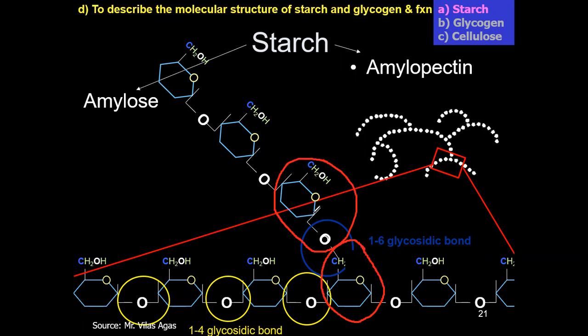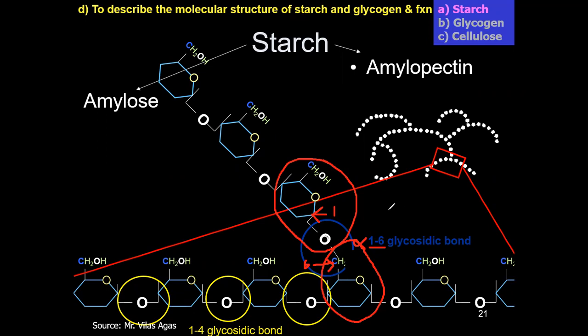So this one here is carbon number 1. And this one here is carbon number 6. Right? So this carbon number 1 and this carbon number 6. So the glycosidic bond that's formed here is actually 1,6 glycosidic bond. So it's an alpha 1,6 glycosidic bond, which joins the branch chain to the main chain.